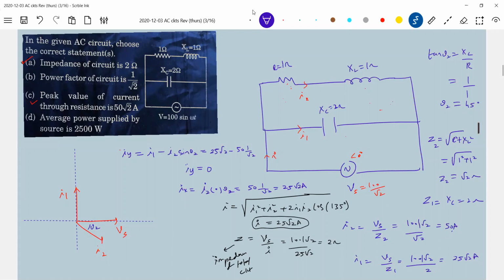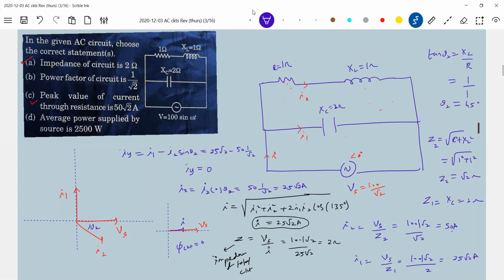So for the total current from Ix and Iy, as Iy is zero, the resultant current will be in the direction of Ix. So finally, based on the calculations, I'm concluding that Vs and the resultant current are in the same direction. So what is the total phase angle of the circuit? It will be zero. So the power factor of the circuit is how much?